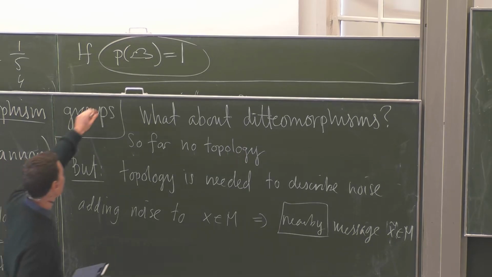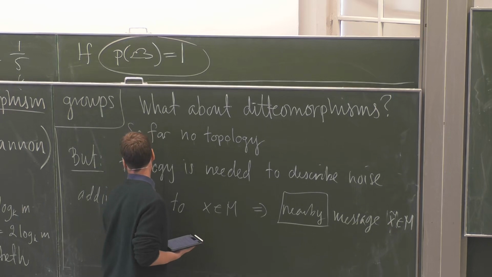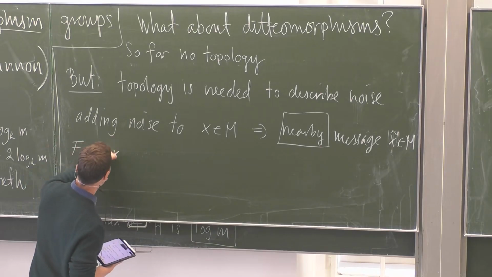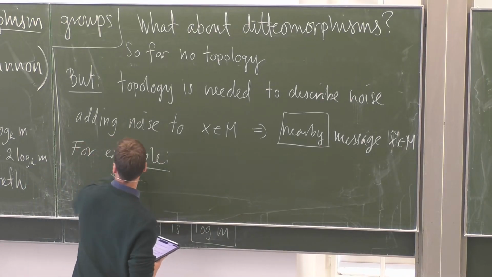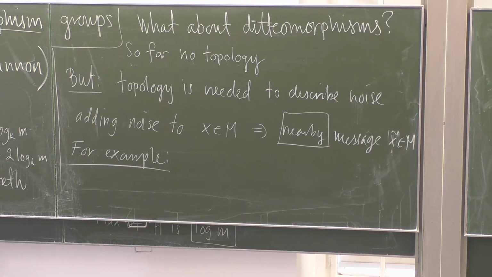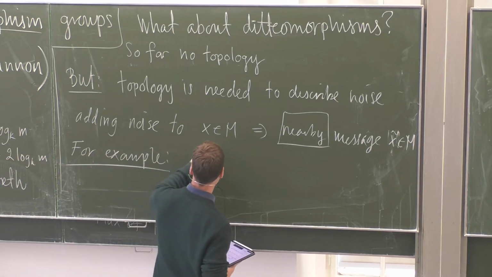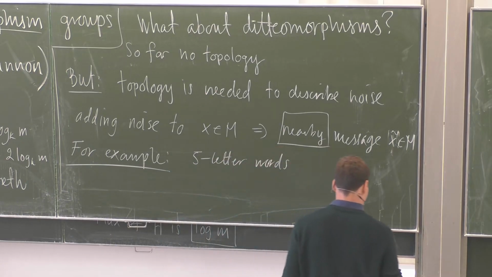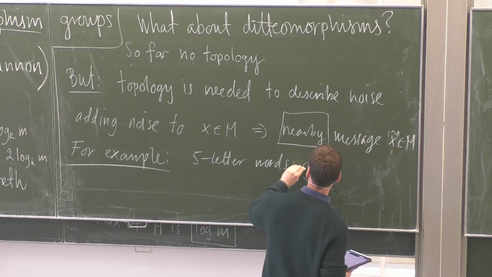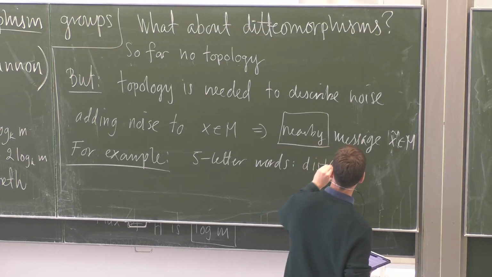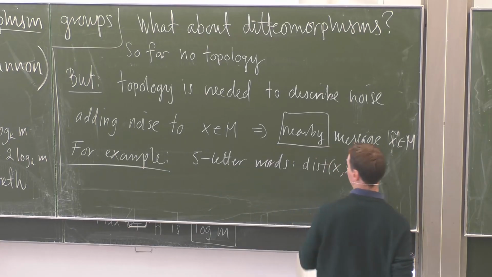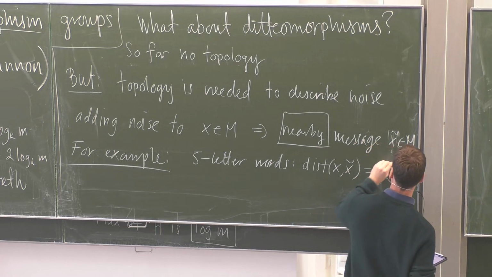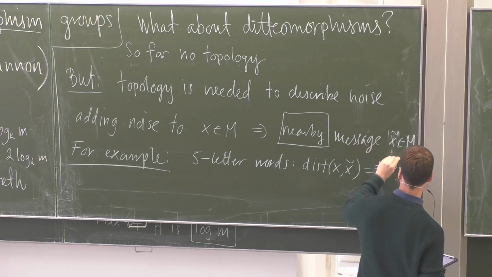So, for example, if you take 5-letter words, and you define a distance between X and X tilde, which are now 5-letter words, as the number of places where they are different.